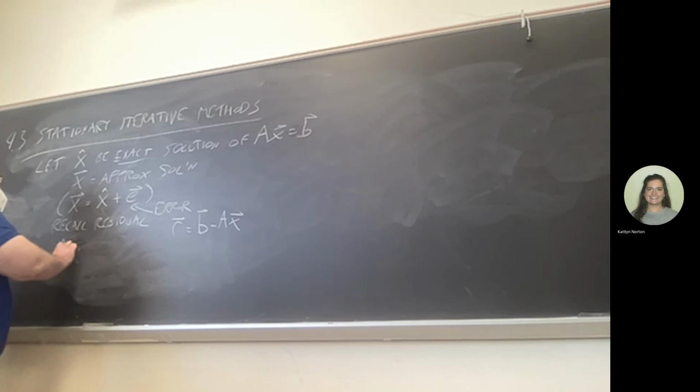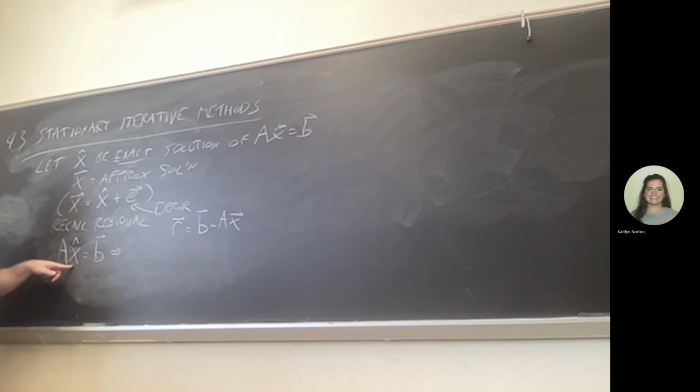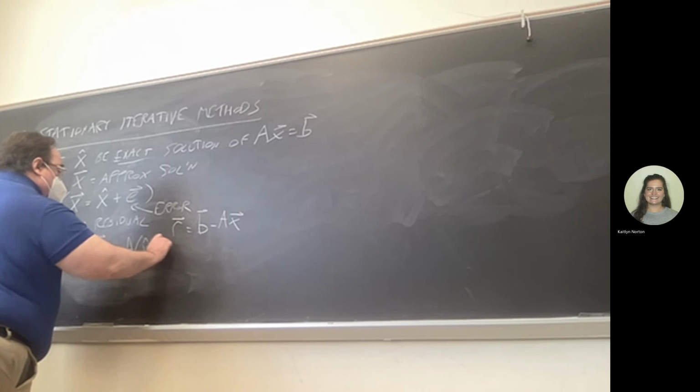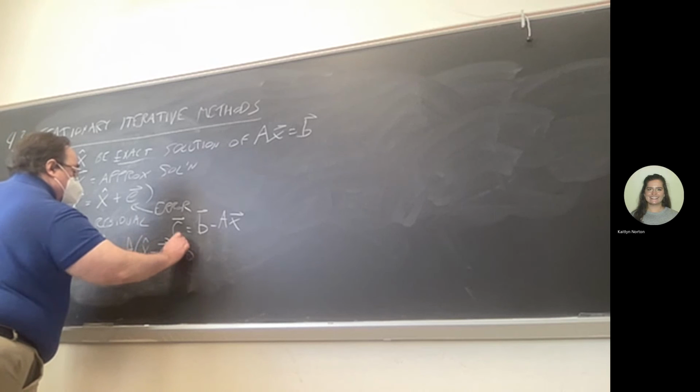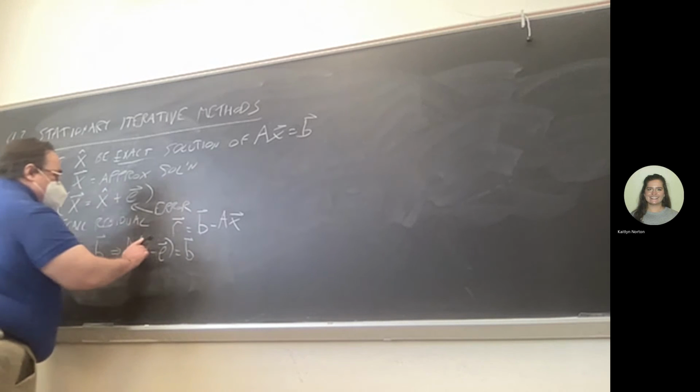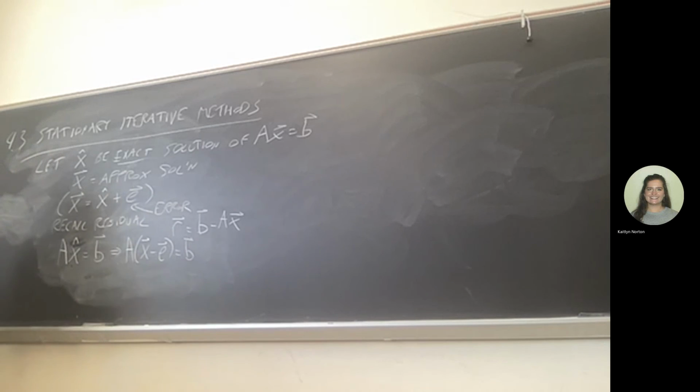So from A x hat is equal to B, if I now rewrite the exact solution in terms of the approximate solution, now I have A times x minus E is equal to B. Oh, sorry, that should just be the approximate solution.